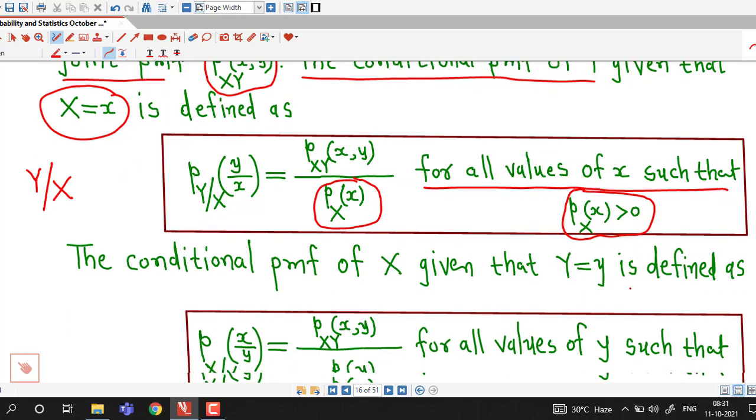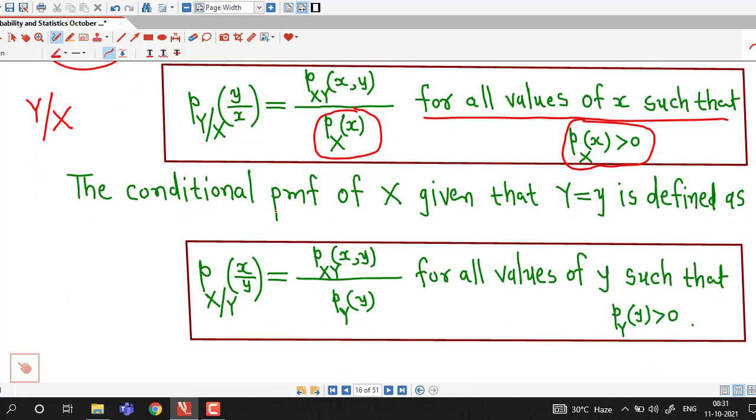Now similarly we can write the definition for conditional probability mass function of X given that Y equal to y, defined as p of x by y, suffix X by Y, equal to the value of joint PMF at ordered pair (x, y) divided by the value of probability mass function of Y at point y, and this is valid for all y for which PMF of Y is positive.